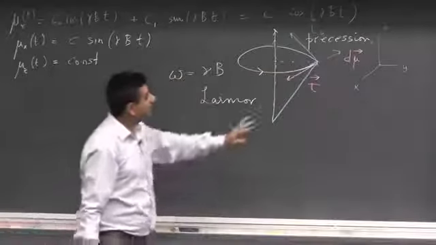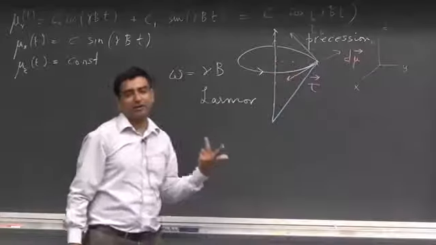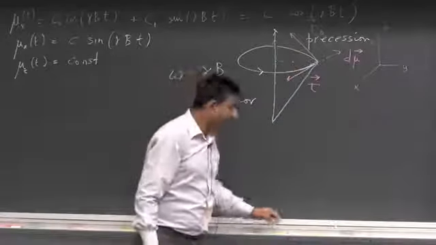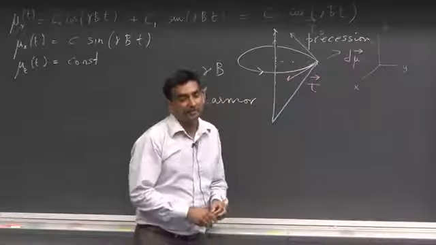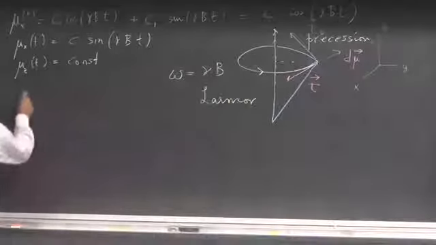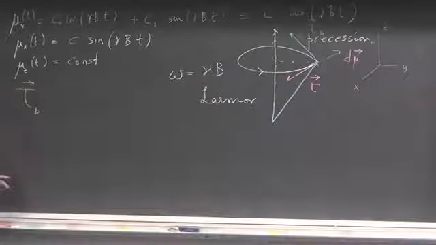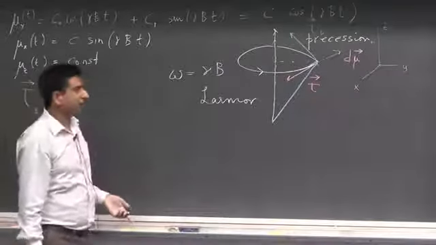So now we can phenomenologically or empirically come up with what this tau sub d is. Phenomenologically, this tau sub d can also be written as a cross product.